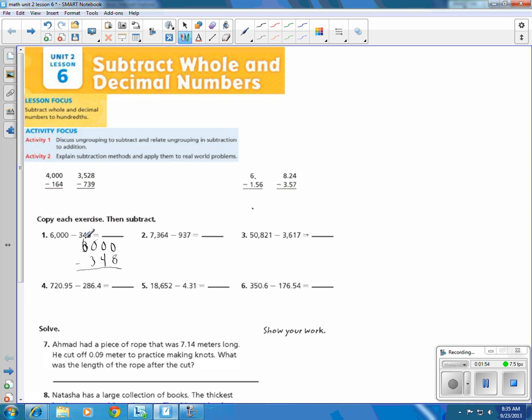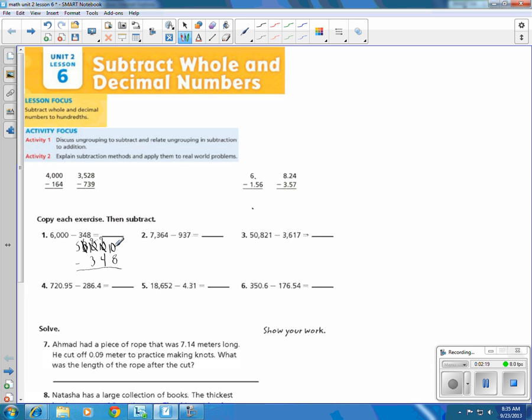So I come over to my thousands place, and I'm going to have to ungroup this. I'm going to borrow. So we'll come over here, make this a 10. I have to continue this ungrouping all the way down to the ones place in order to be able to subtract. So I'm just going through the process of borrowing from each place value.